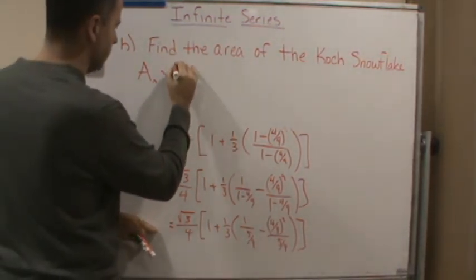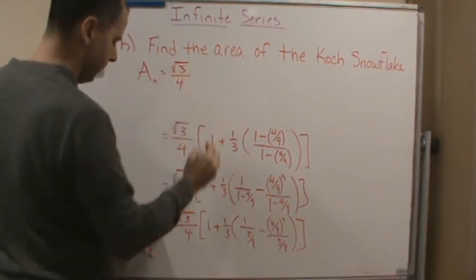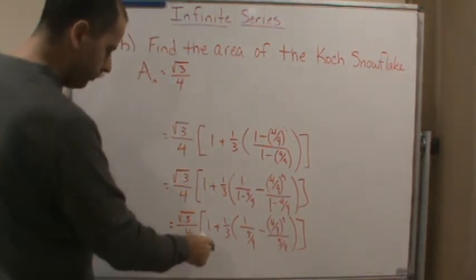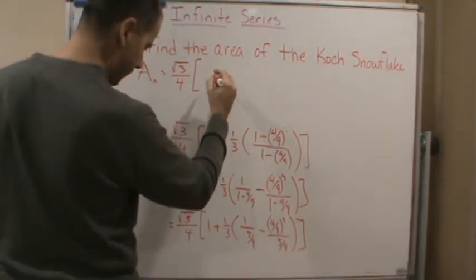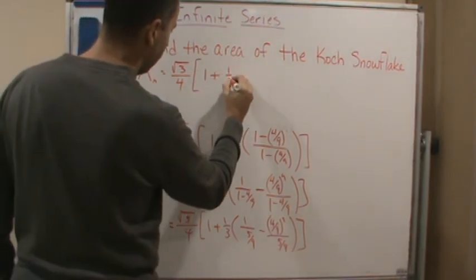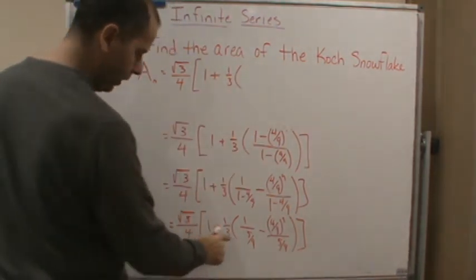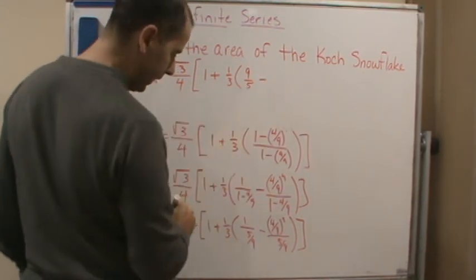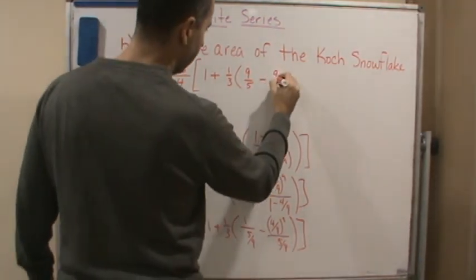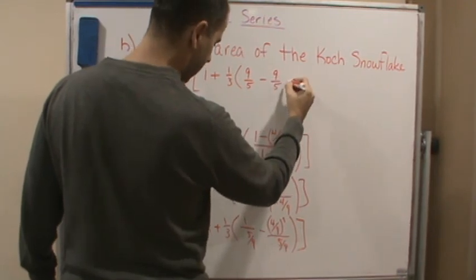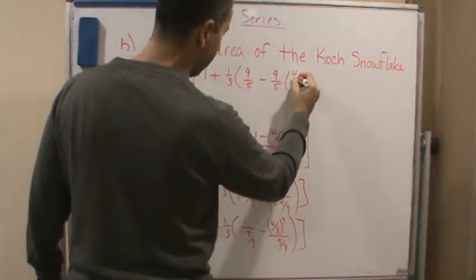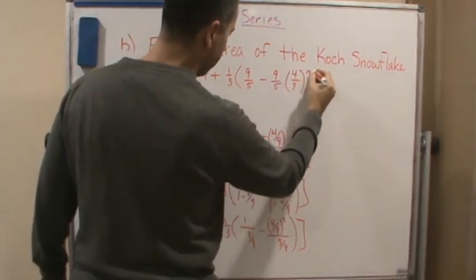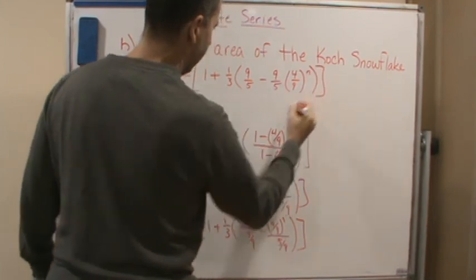So this is going to be the square root of 3 over 4. Now, this is going to become 1 plus 1/3 times, well, this is going to be 9/5, minus 9/5 times 4/9 to the nth power.